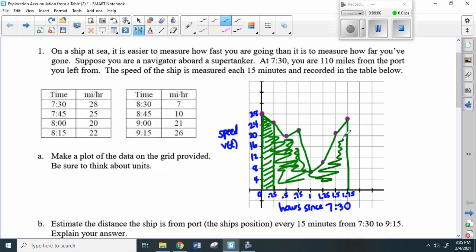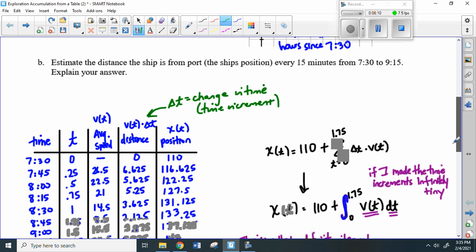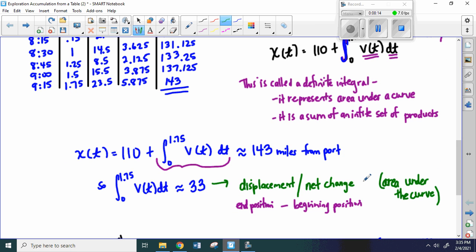And so that is an approximation for the exact area. And when we learn how to actually find an integral, you will be finding the exact area. So these trapezoids were just an approximation for that area, okay?